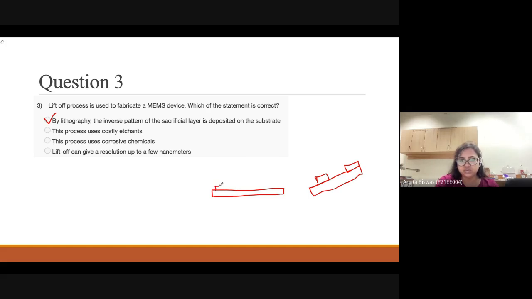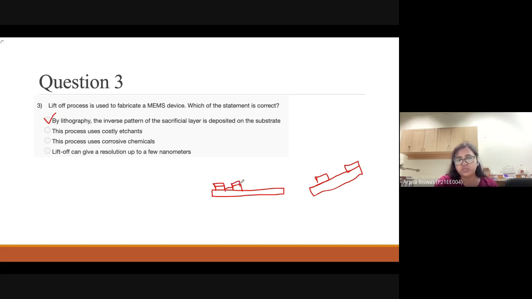Here we will deposit some sacrificial layer. Yes, these two are the sacrificial layer. Then we will deposit using a thermal evaporation system or any PVD system. We will deposit the gold. So here is the gold, and here also the gold will deposit because it is not covered by the sacrificial layer. And also here the gold will deposit.